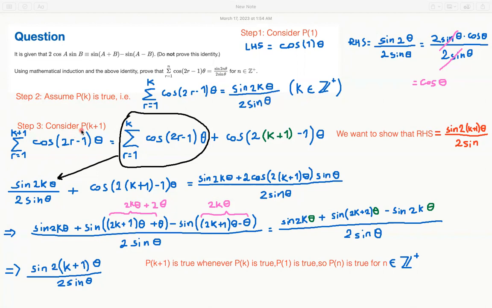And step 3, my purpose is to show that it is also true when n equal to k + 1. So I'm going to consider Pk+1, and I want to show that the right hand side in the end will be sin 2(k + 1)θ over 2 sin θ. Let's write theta here.